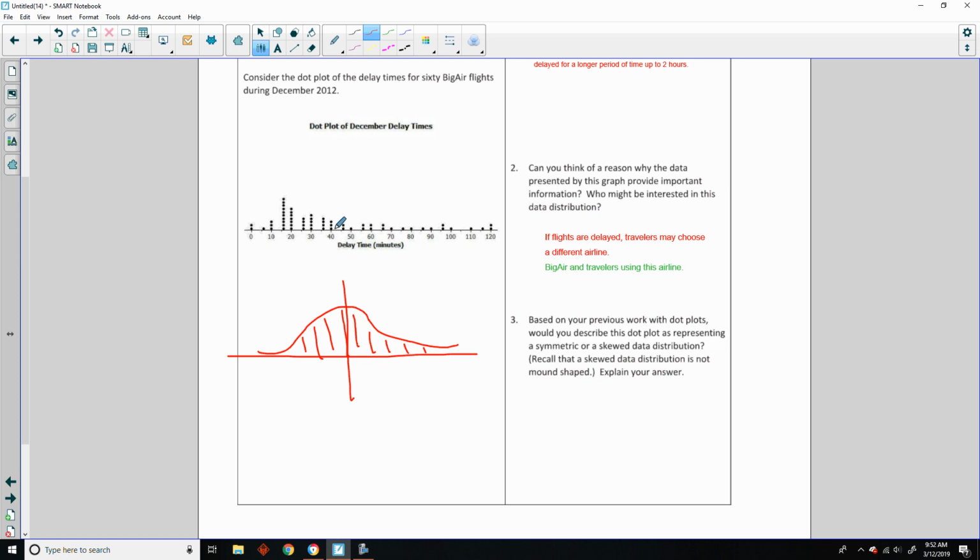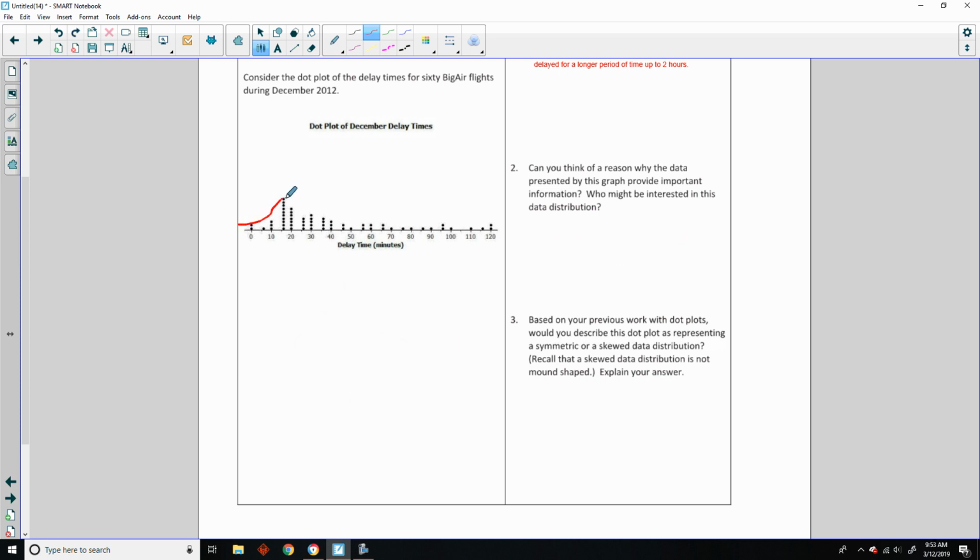It does not look like we have that. What we have is tapering off, going way off to the right, so it is skewed. Okay, so this data is skewed.